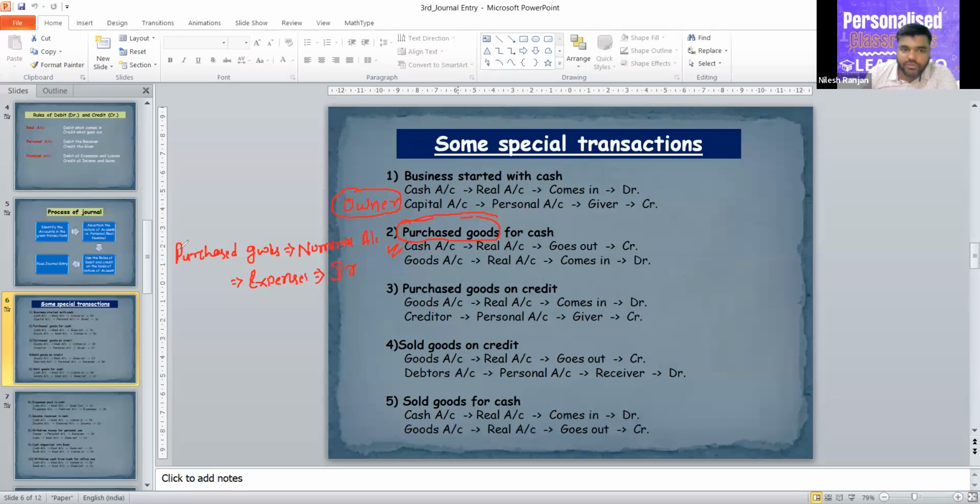So the journal entry will be purchase account debit to cash account, because cash is going out, so it will be credited, and purchase is an expense for the business, so it will be debited. Any confusion?